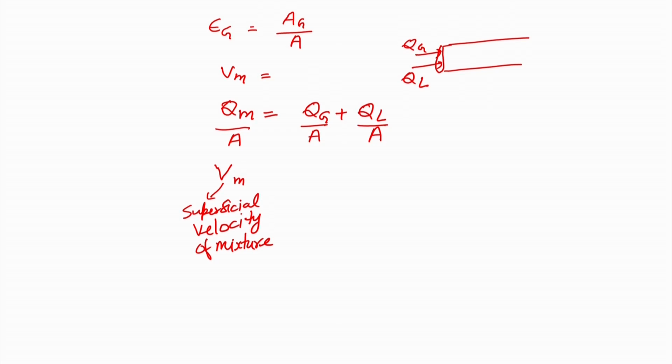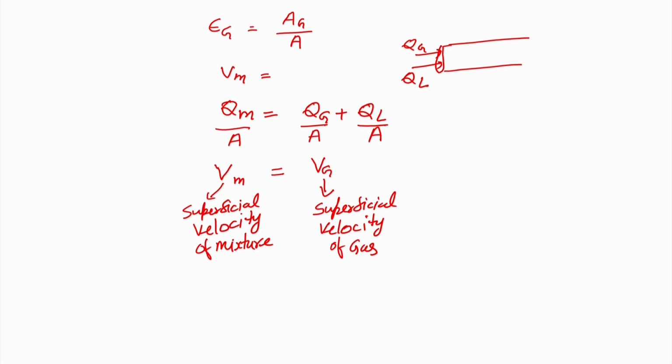Similarly, Qg is the flow rate, we know how much gas flow is going in, the gas volumetric flow rate. This will be written as Vg into A, where Vg is nothing but the superficial velocity of gas. It means we are assuming only gas is flowing inside the pipeline. What will be the velocity of the gas?